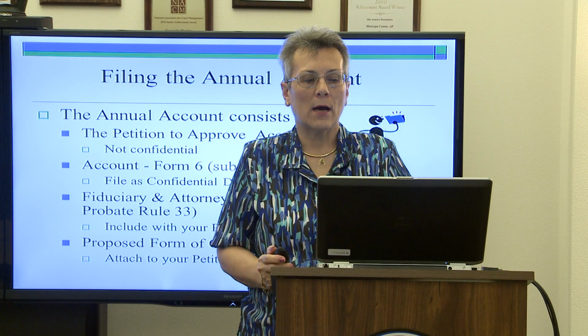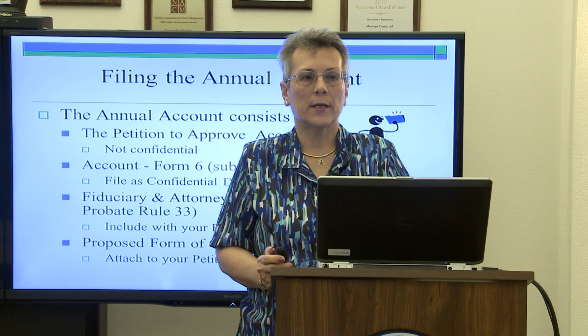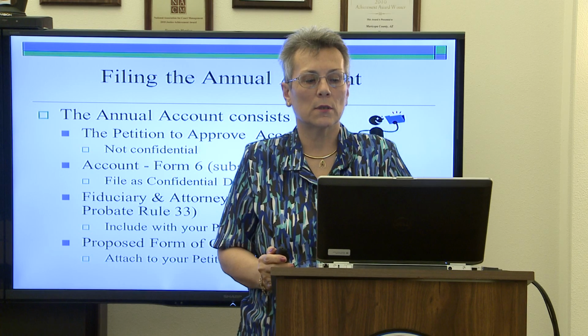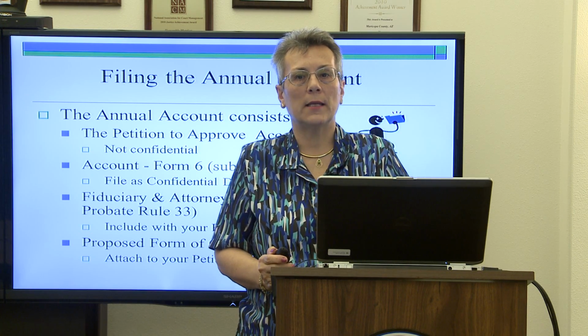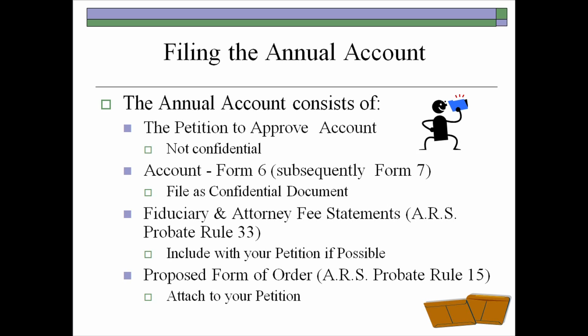When you file the account, the paperwork that's going to be required is a petition requesting approval of the account. That you will file, and that is a non-confidential document. You will include your account form 6 and then subsequently account form 7, and all of that is inclusive of all the schedules and all the worksheets.